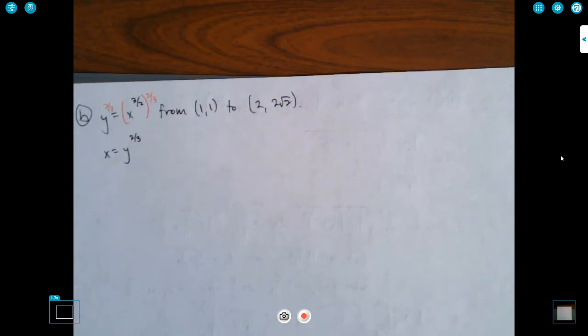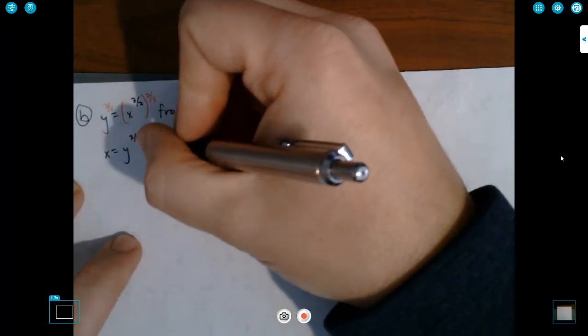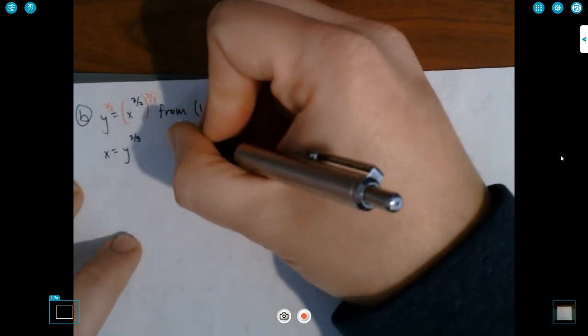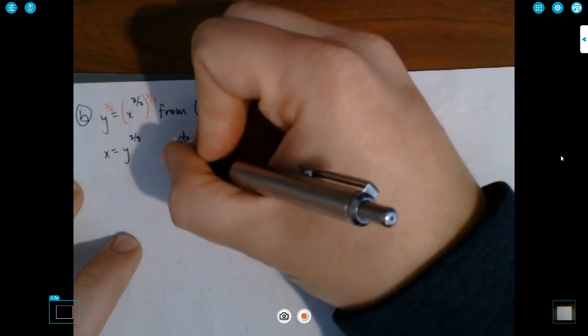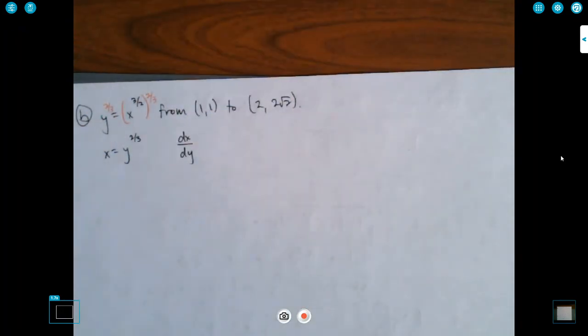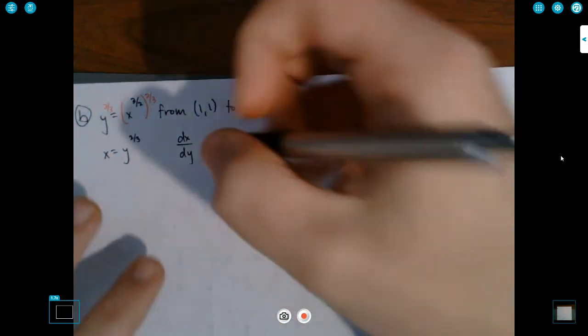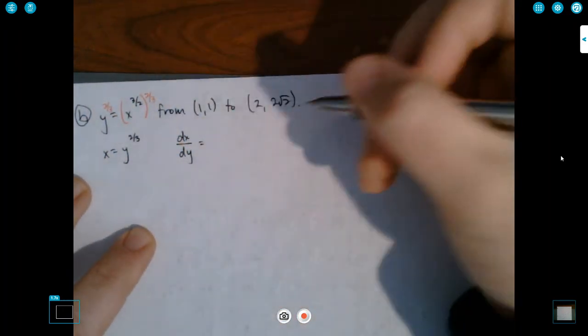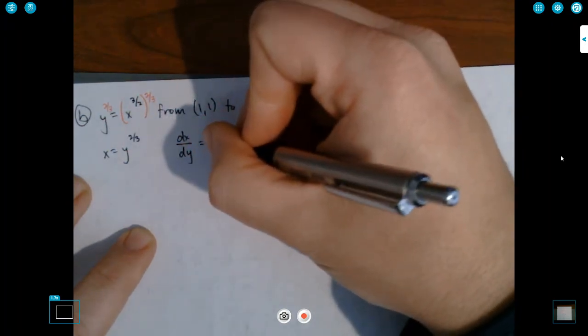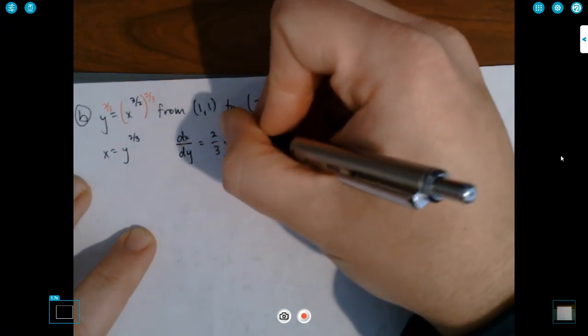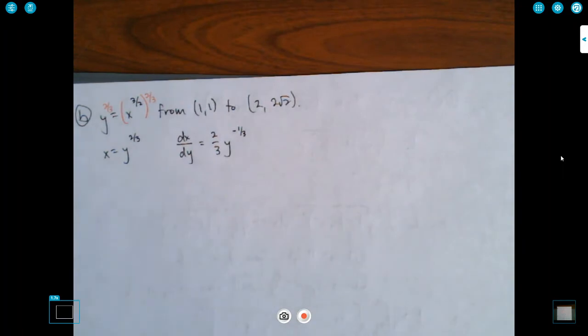I also need to differentiate, right? So I can say, what is dx? I need to integrate with respect to y, right? So usually we're so used to writing dy dx, but I'm integrating with respect to y, so I want to do dx dy. Okay, so differentiating with respect to y, I'm going to get 2/3 y to the negative 1/3.